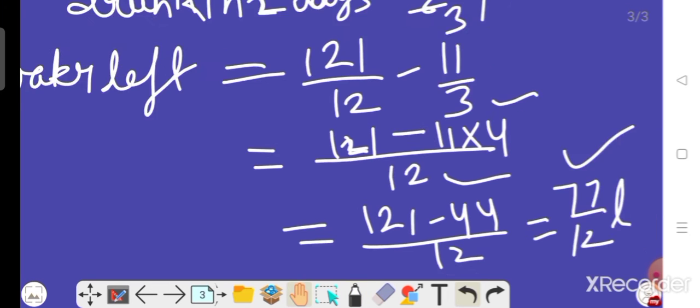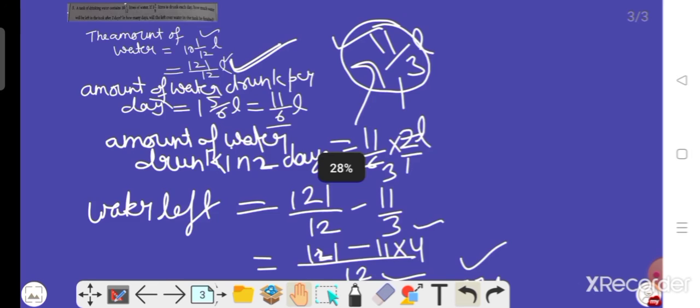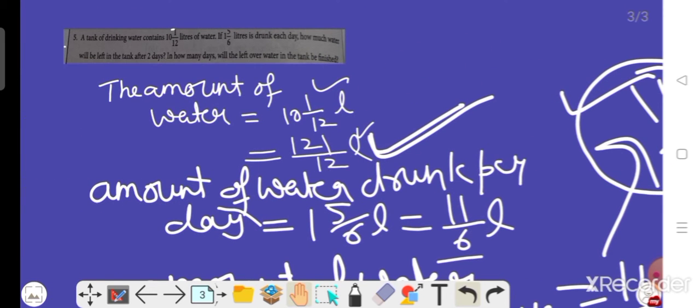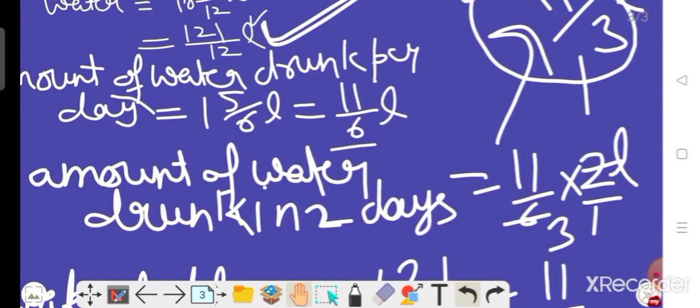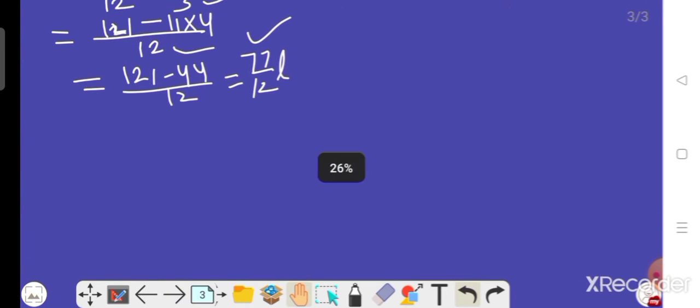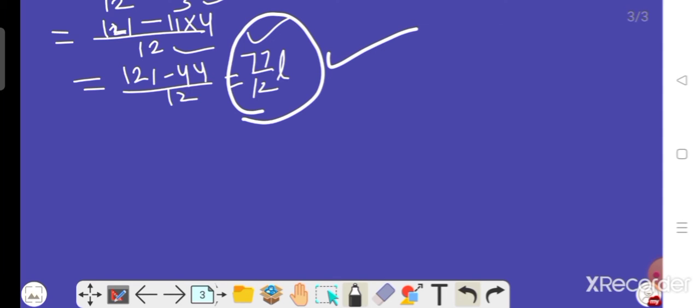Okay, now what do we have to find? Now we have to find in how many days we will finish the remaining water. Okay, so for this what do we have to do? Look here, beta. As we know, this is the amount of water that we are left with, and we have to find the number of days in which we will finish this.